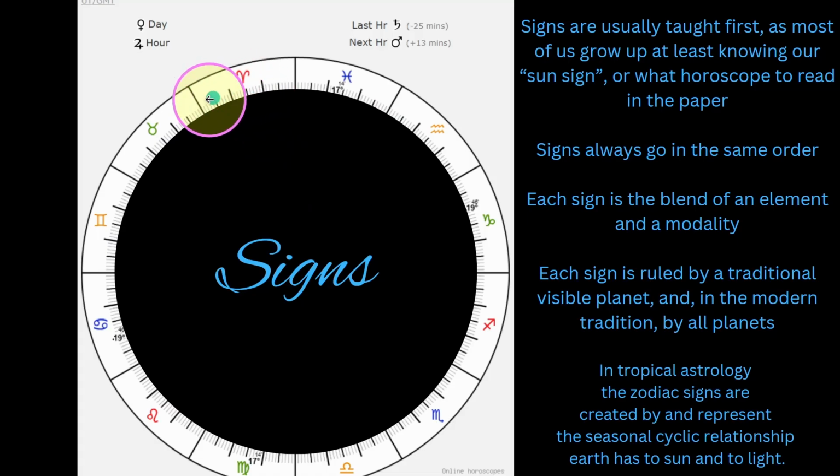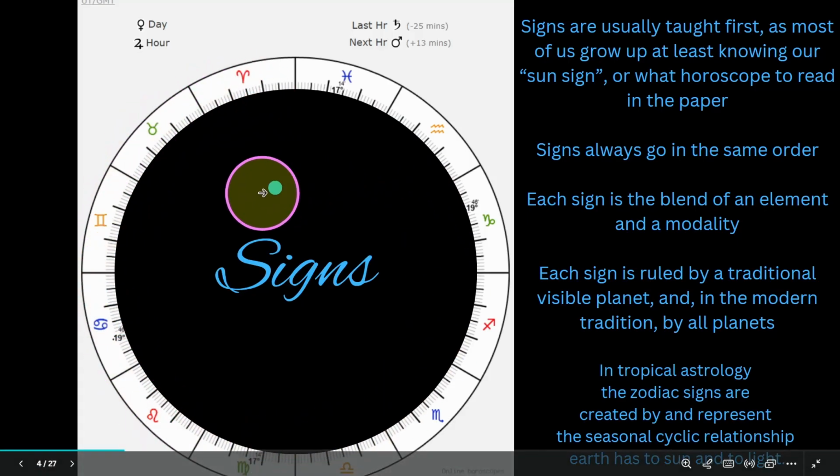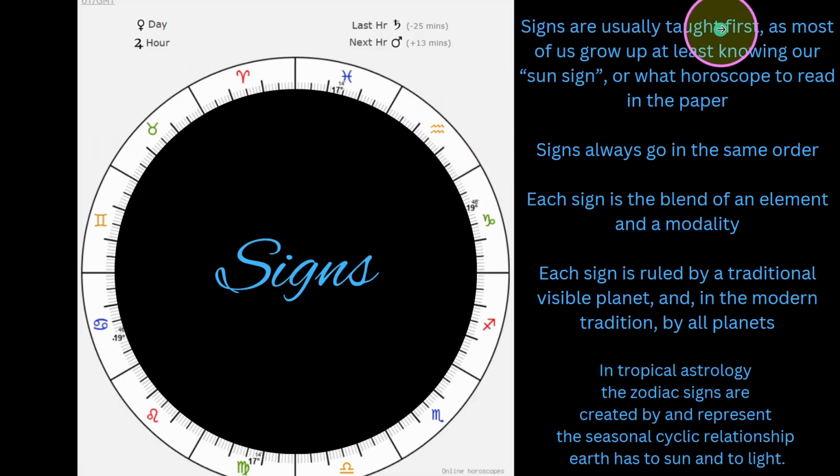So the signs are going to be on the outside, sometimes the very inside of a chart that you're looking at. They're usually taught first, as most of us grow up knowing our sun sign, or which horoscope to read in the paper or online. Signs always go in the same order, and each sign is a blend of an element and a modality.